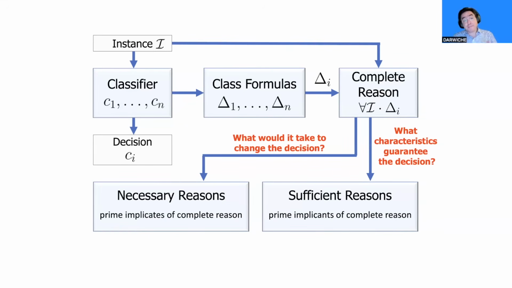So there are a lot of works that bypass this notion and directly try to compute these, because both of them had definitions that are independent of the complete reason. And in the paper that goes with this tutorial, you'll find a sample of some of the good references that actually do that.